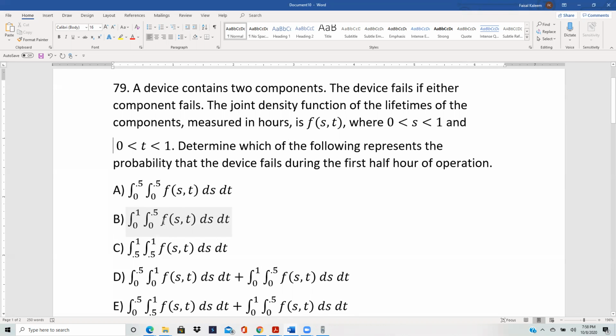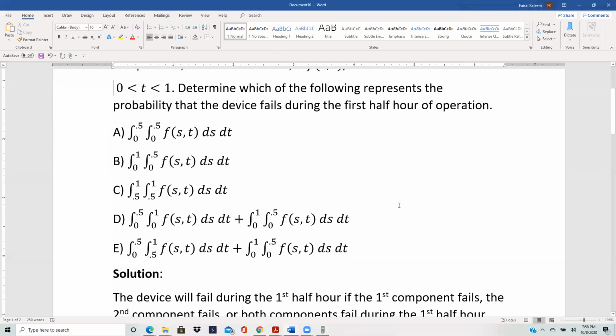So choice B is only telling us the probability of s failing. So that's also not the complete equation. Choice C is telling us that none of them fails during the first half hour because both are going from 0.5 to 1. So that's also not what we're looking for.